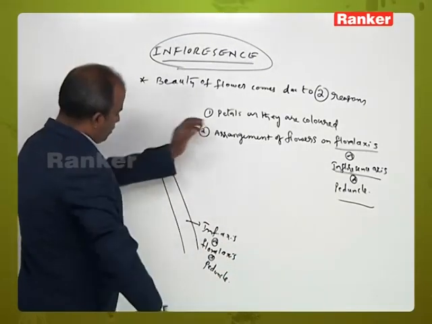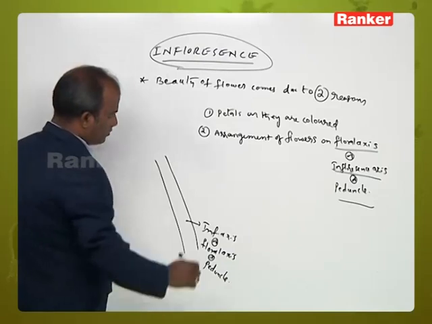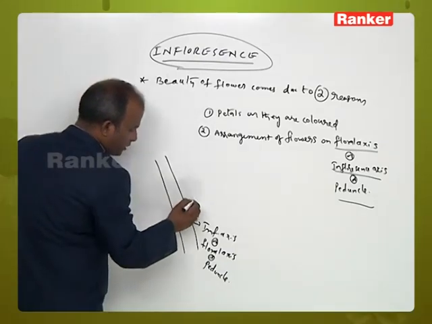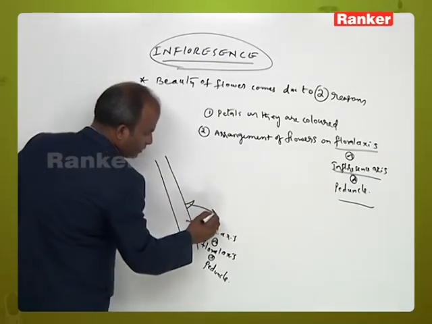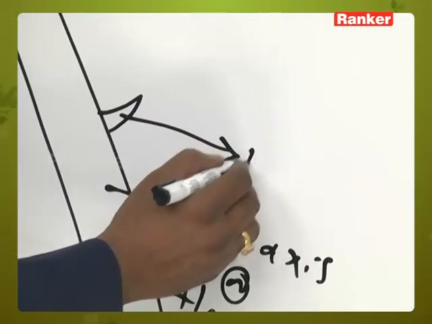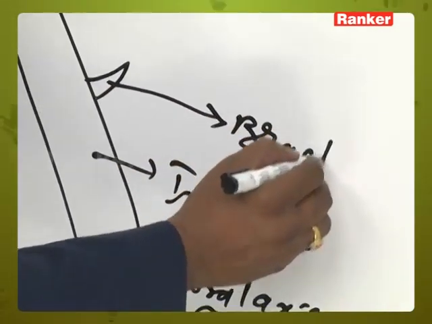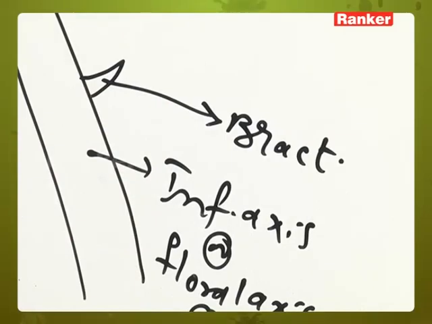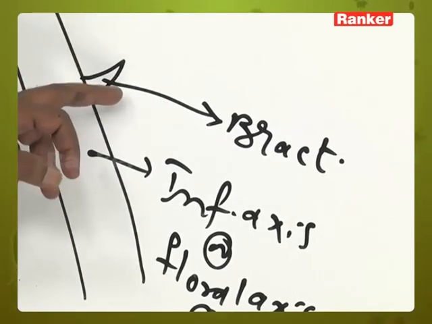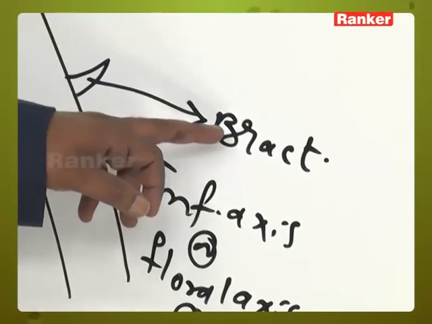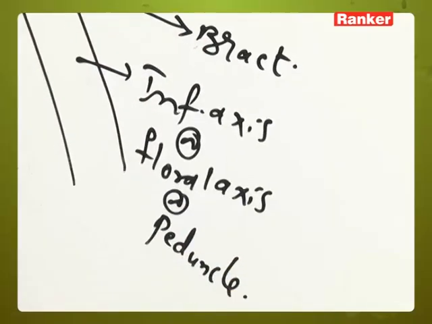Now, on this peduncle, a small leaf-like structure is developing. That leaf-like structure developing on peduncle is called as bract. On peduncle, small leaf-like structure is developing, that is nothing but bract.